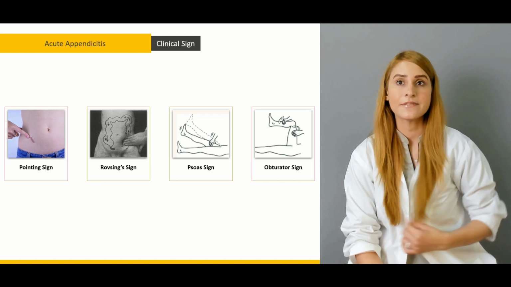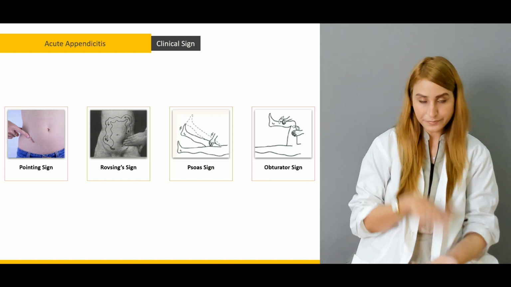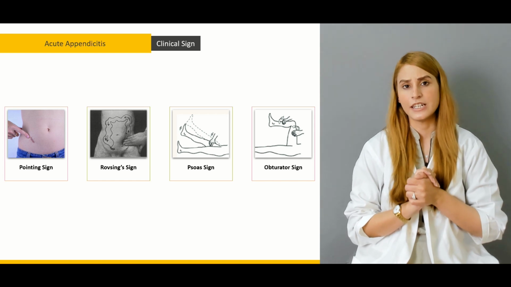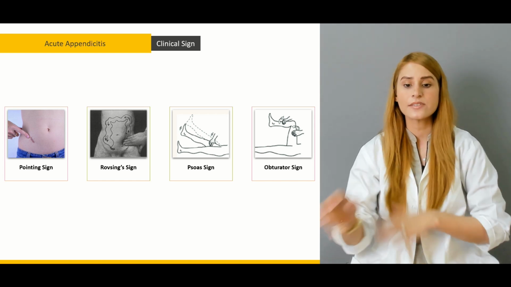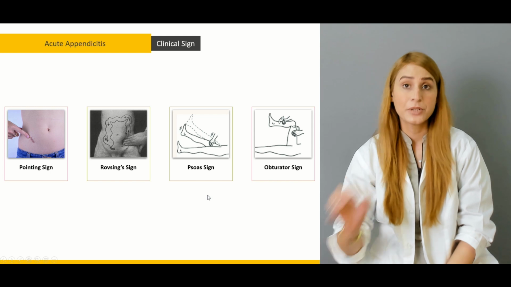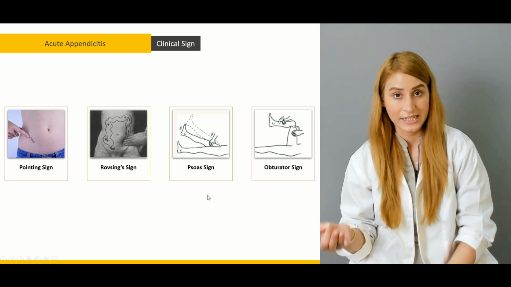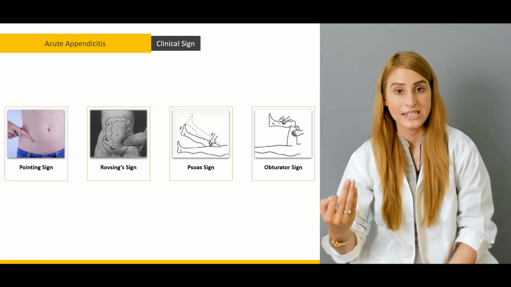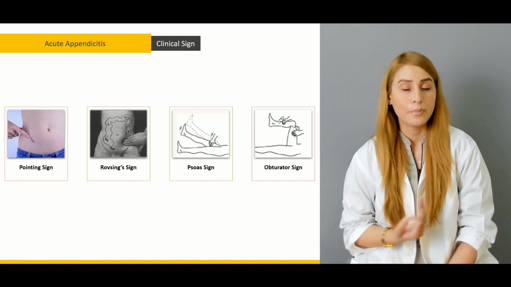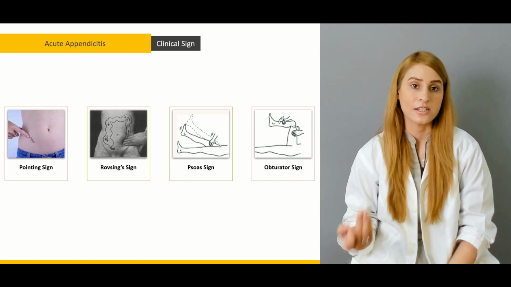Now, Psoas sign, we know that the appendix is just located above the iliopsoas muscle. So in case of the Psoas sign, particularly for the retrocecal appendix, in which we know that the appendix is located posterior to the cecum or behind the cecum, this is a sign which is called the Psoas sign.